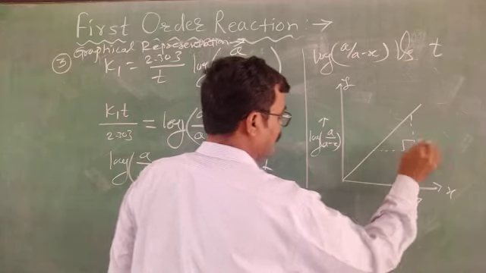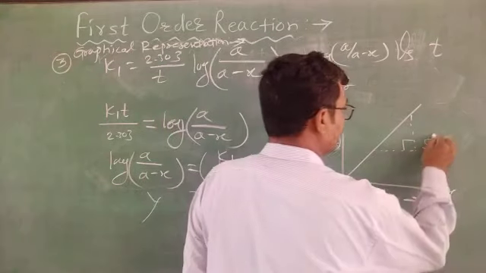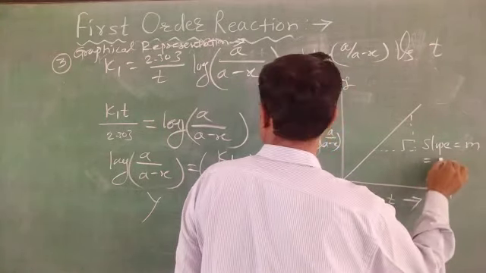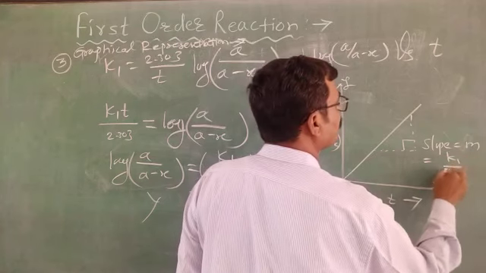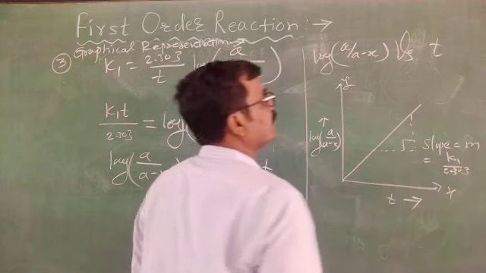What is the value of its slope? The slope M equals K1 upon 2.303.